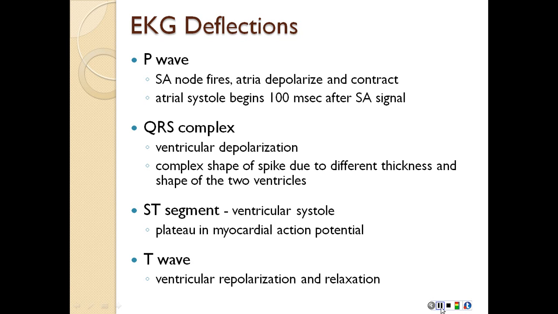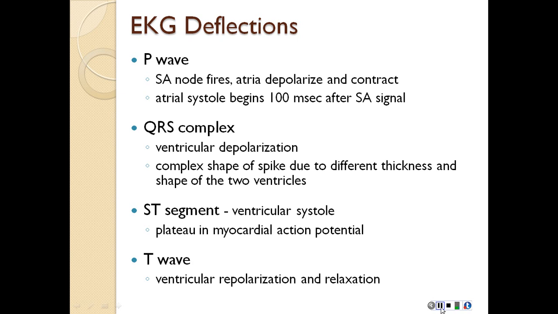During the QRS complex, you have the ventricles depolarizing. Notice there's a slight gap between the end of the P wave and the beginning of the QRS complex. There, the AV node is getting the signal to the ventricles. The ventricles depolarize, and then the ventricles contract during the ST segment.